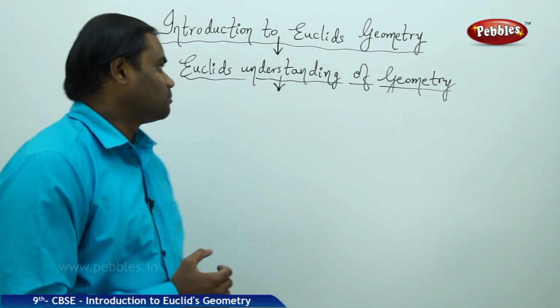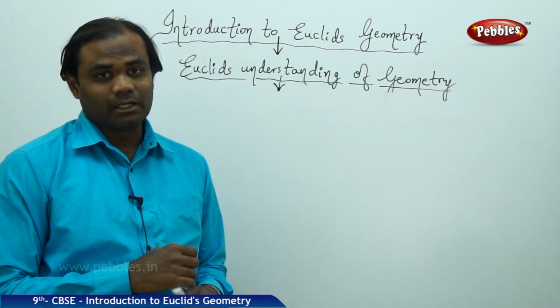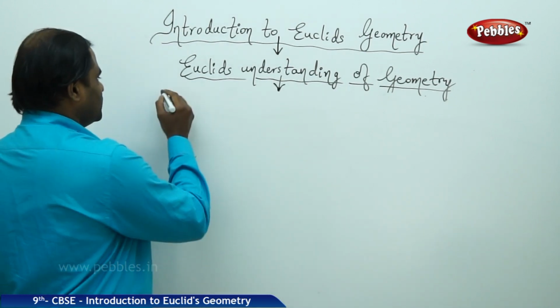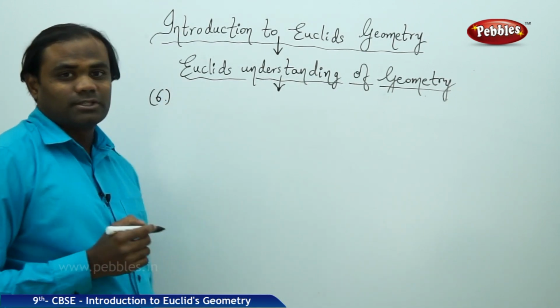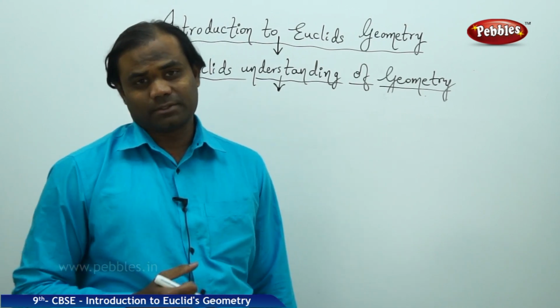And the last property which we are going to study in understanding of Euclid's geometry is the 6th property, which says about the plane surface.